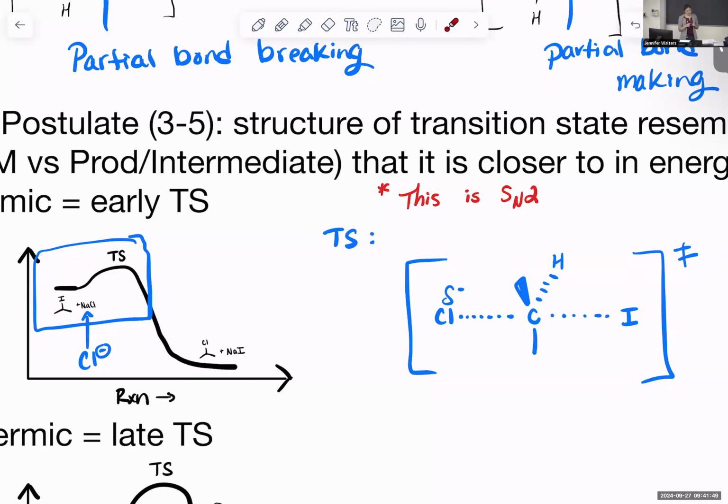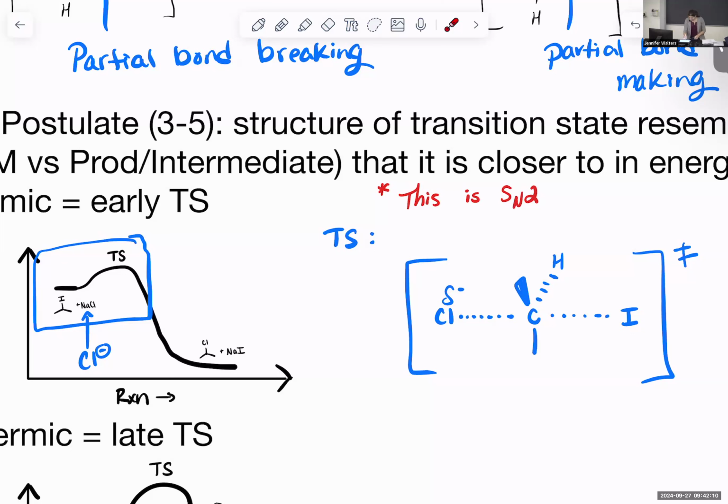The other thing that the Hammond postulate lets us predict is the relative length of our bonds. So we predicted our charges based on what we look most like. We're also going to predict the length of our bonds based on what we look most like. The bonds that exist are going to be short. The bonds that don't exist are going to be long.